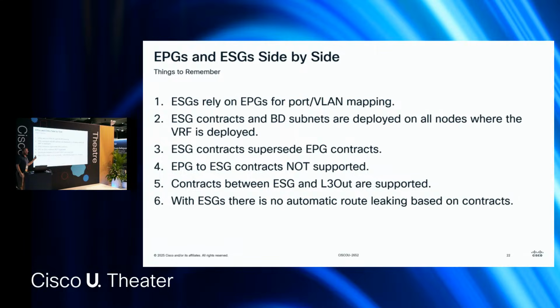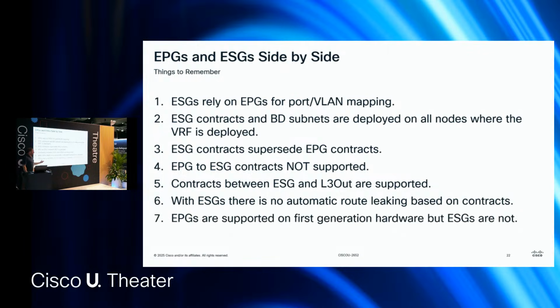If you want to do VRF route leaking, it doesn't work the same way with ESG, so you've got to be careful with that. And I always feel like I have to say this because I used to have a fabric with first generation hardware in it, which basically you can do almost nothing these days with it. But EPGs are supported on first generation hardware. ESGs are not. Any first generation hardware, you've dodged a bullet right there.